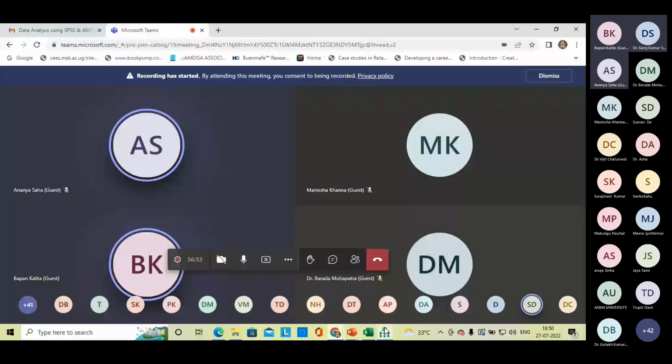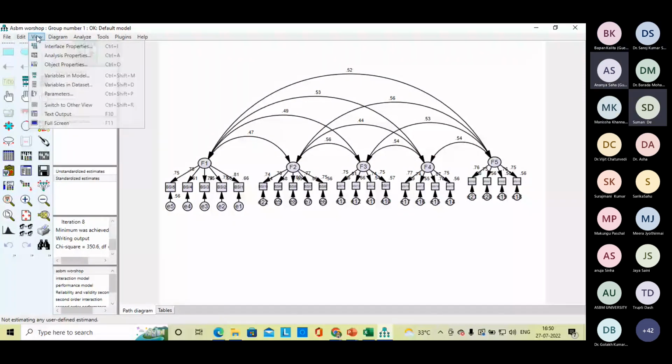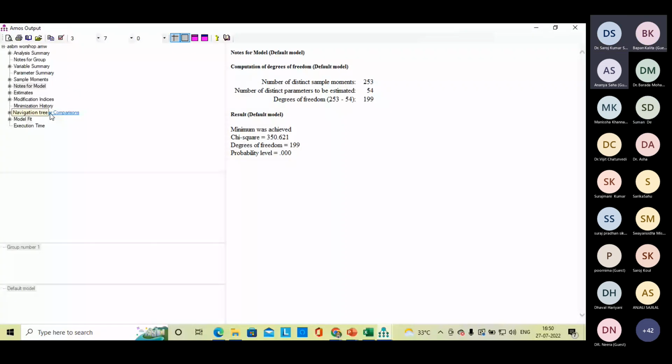Now I am audible. Yes, audible clearly. Go to the view. All of you go to the view. Go to the text output. Click there. All of you have done. This kind of screen is automatically appearing separately. Yes or no? Yes, sir.